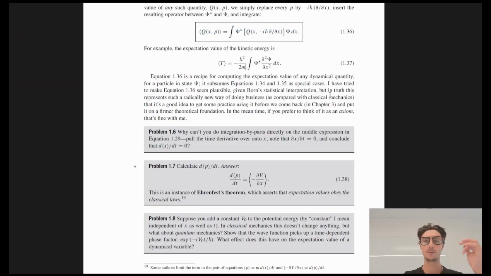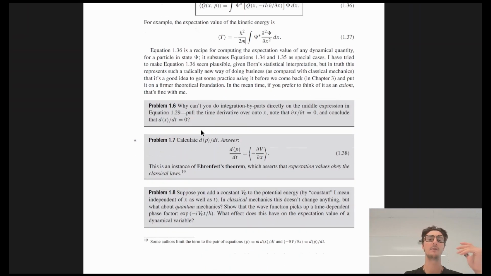For position and momentum, we have special cases. I have tried to make equation 1.36 seem plausible given Born's statistical interpretation, but in truth this represents such a radical new way of doing business as compared with classical mechanics that it's a good idea to get some practice using it before we come back in chapter 3 and put it on firmer theoretical foundation. In the meantime, if you prefer to think of it as an axiom, that's fine with me.